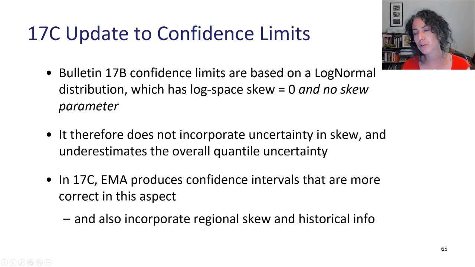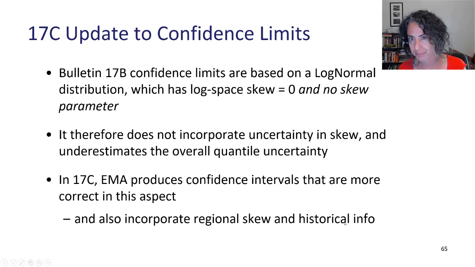So those confidence intervals are underestimated to some degree, and underestimated more for values of skew that are farther from zero. In 17C, the expected moments algorithm does produce confidence intervals that are more correct in this aspect because they do recognize the uncertainty in skew. They also incorporate regional skew and historical information at the same time, right? So the confidence intervals in Bulletin 17C, as I mentioned, really have a lot more information in them and are more accurate.